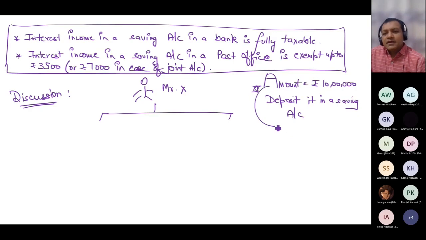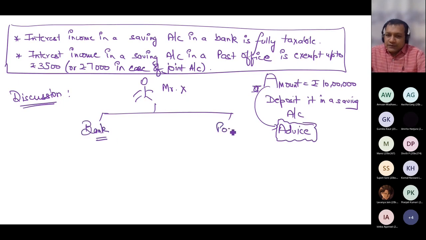If I'm a person who likes to save even a single rupee, I'm a person of that nature. What will be your advice? What will be your advice, that I should deposit this amount in any bank, in a savings account, or in any post office? What will be your advice? Or there is no difference, anywhere I can deposit?